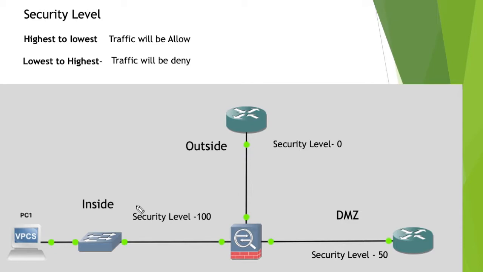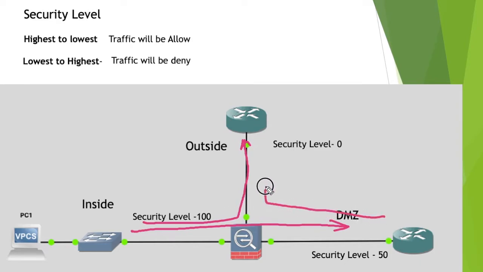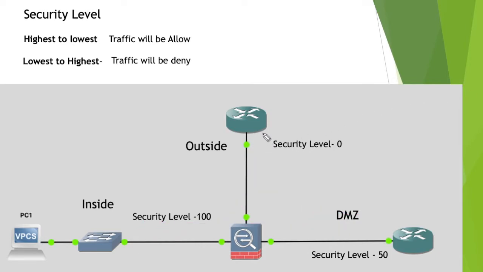So from inside to DMZ traffic will be allowed, inside to outside traffic will be allowed, DMZ to outside traffic will be allowed, but from outside to DMZ traffic will not be allowed.